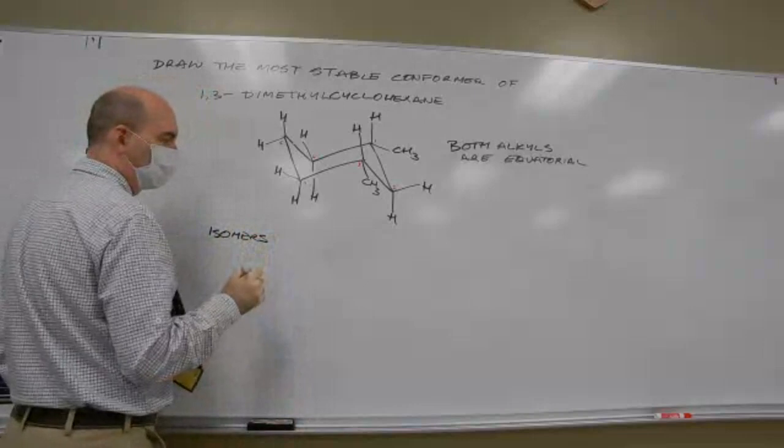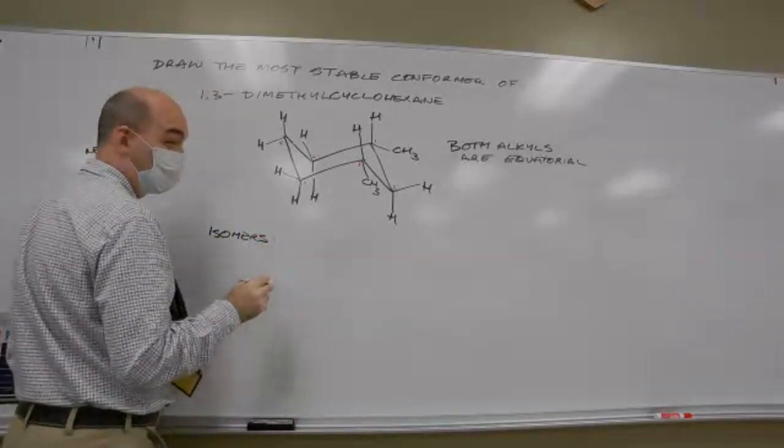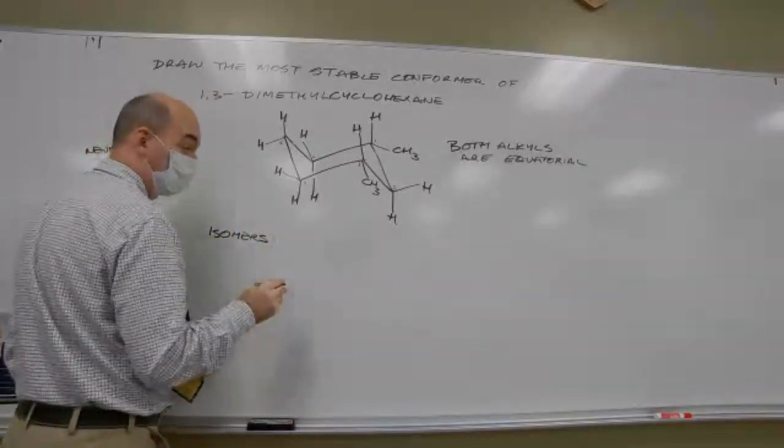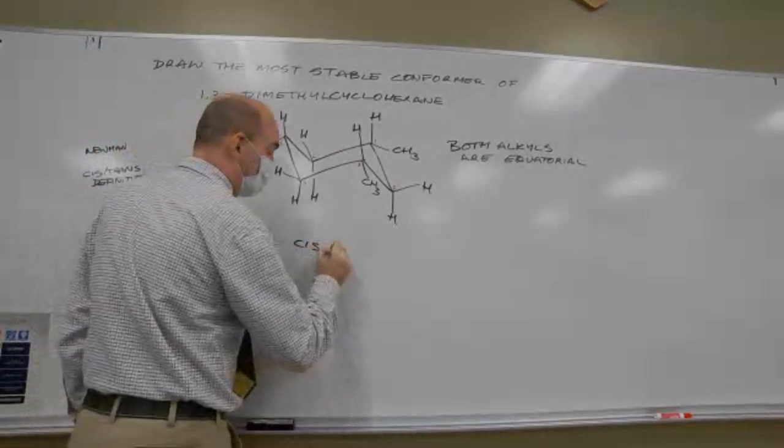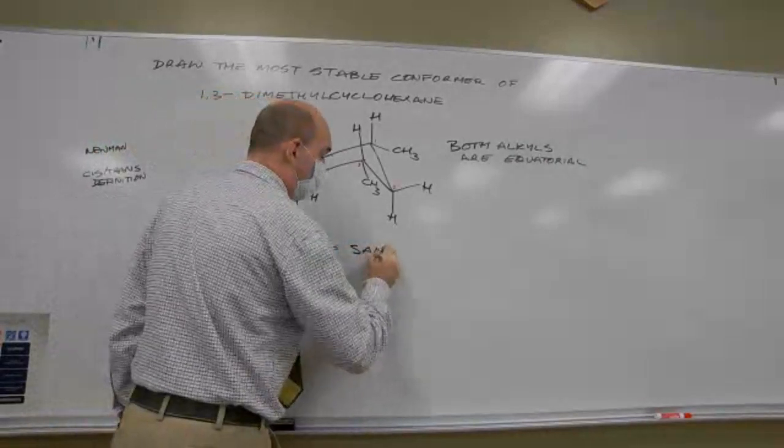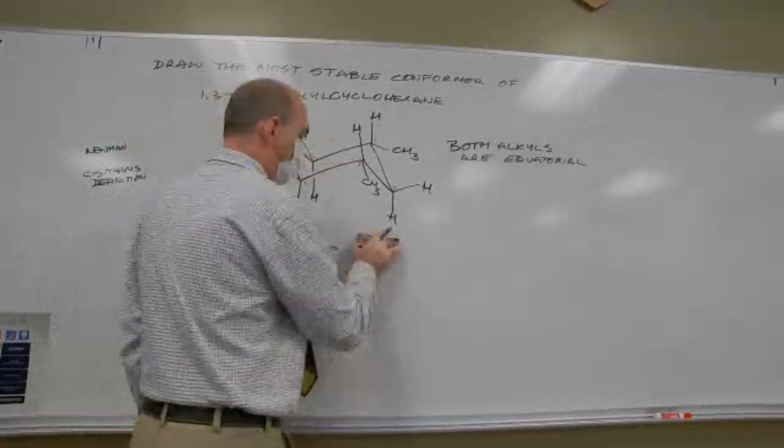Cyclohexanes have the possibility of throwing up isomers that are either cis or trans. Cis isomers are on the same base.